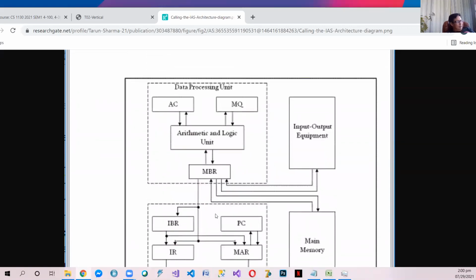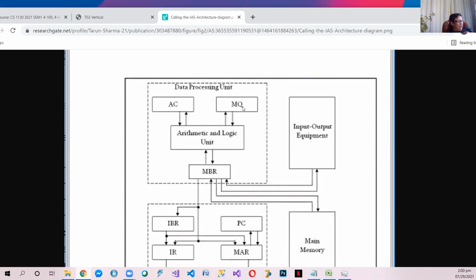So the arithmetic logic unit has the accumulator and MQ. It's like ingress and egress, but with slightly different functions. AC is both ingress and egress. MQ is the multiplier quotient. If you are going to multiply the accumulator, the multiplier is in MQ, and the product later on will be saved back to the accumulator.